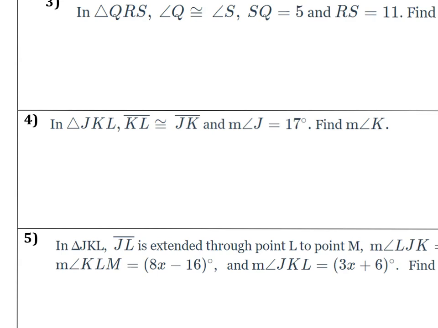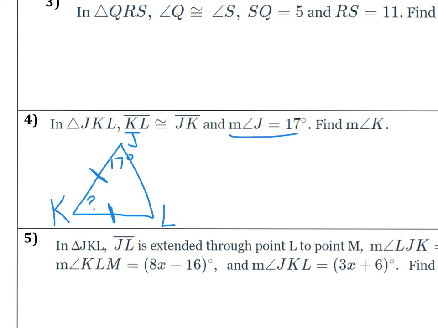Number 4, in triangle JKL, so let's draw JKL. Always, always, always draw a picture. It says segment KL, all right, KL is this one here, is congruent to JK. So I'm going to mark those two as equal. The measure of angle J is 17. Find the measure of angle K. So we're looking at this as an isosceles triangle. Across from the equal sides, you have equal angles.